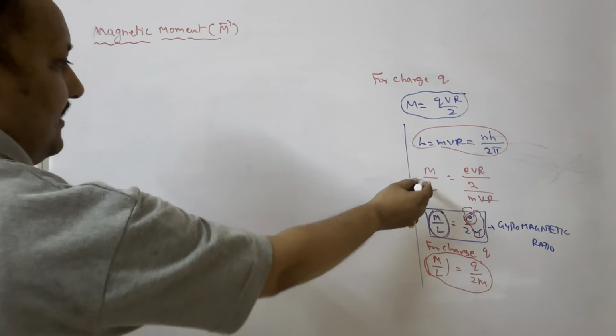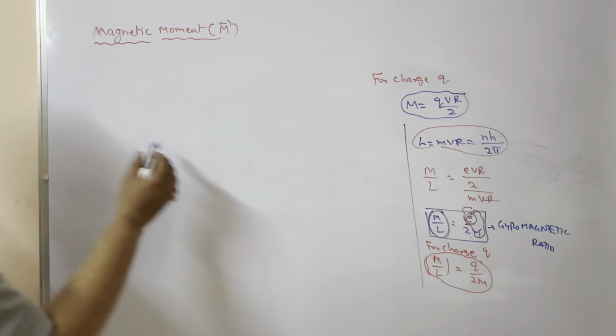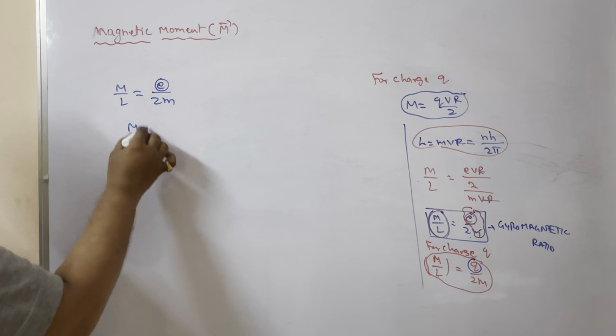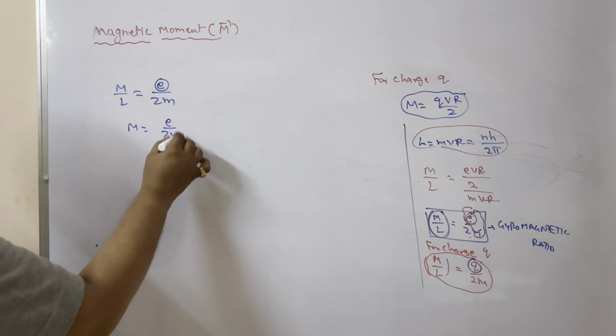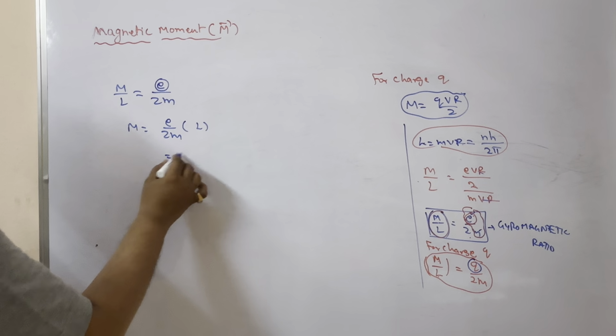Next, taking the gyromagnetic ratio, M by L is equal to e by 2m. You have to understand, whenever I write e, that is for a revolving electron; whenever I write Q, a charge is revolving. So M is equal to e by 2m into L. What is capital L here?